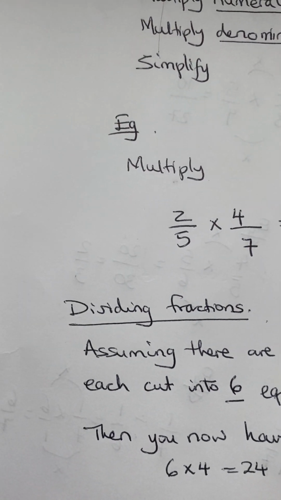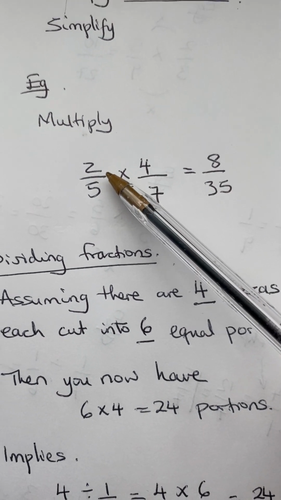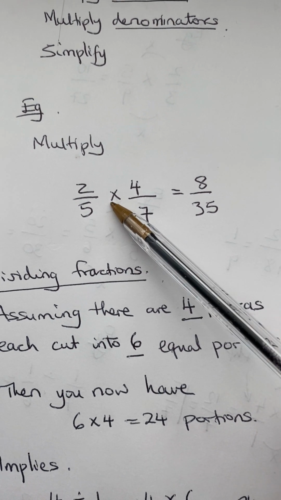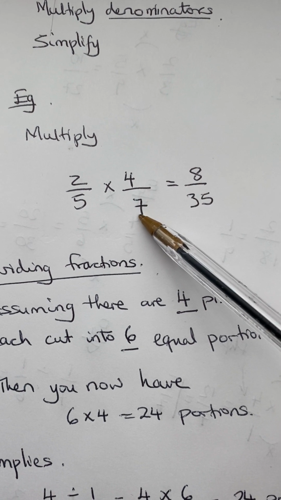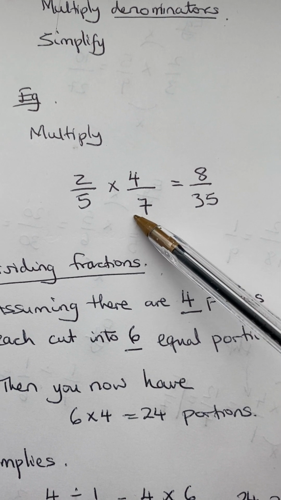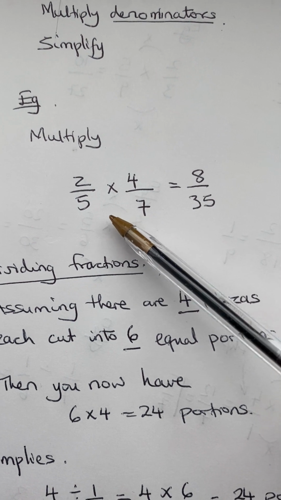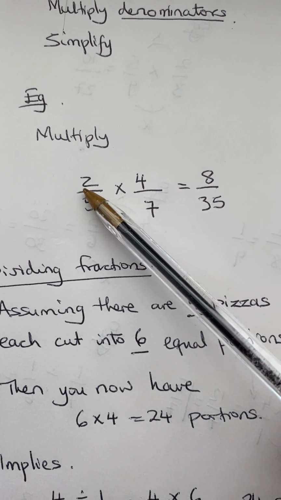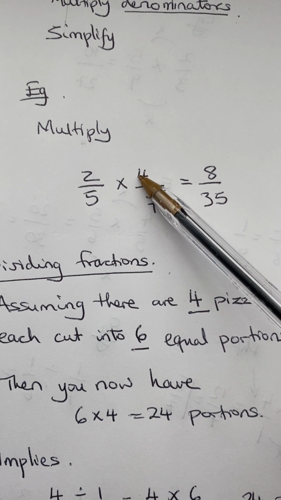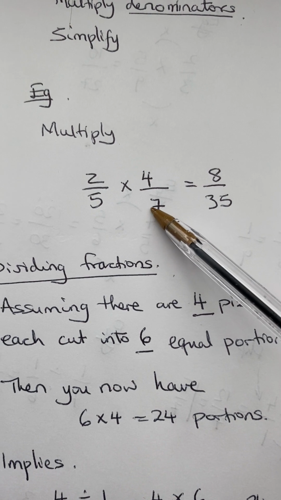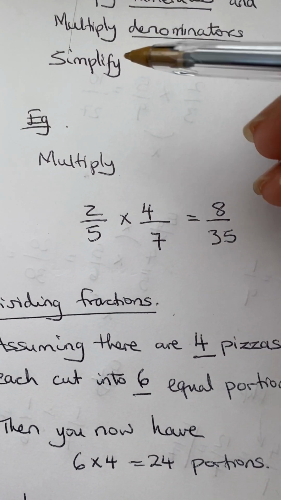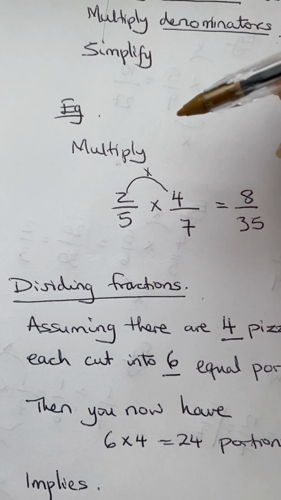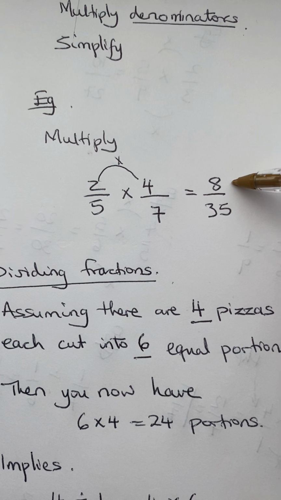For example, assuming we want to multiply 2 over 5 times 4 over 7. When you are multiplying, you don't need to keep the denominators the same. So you multiply the numerators and you multiply the denominators. Here, if I multiply 2 by 4, I'll get 8.